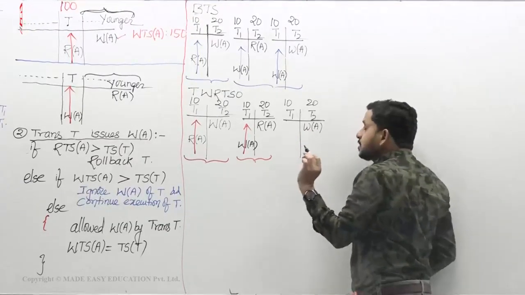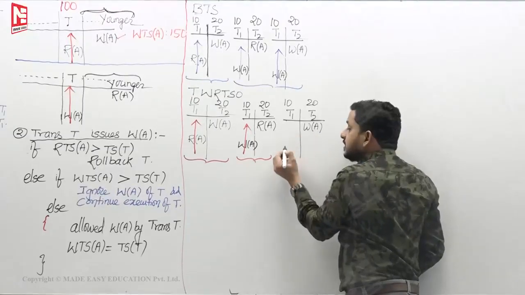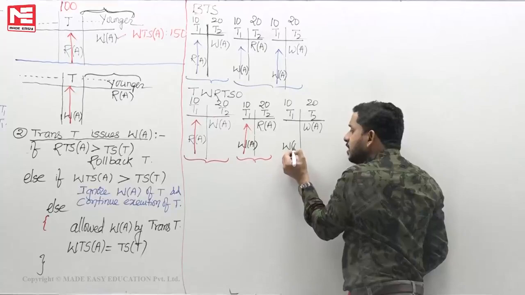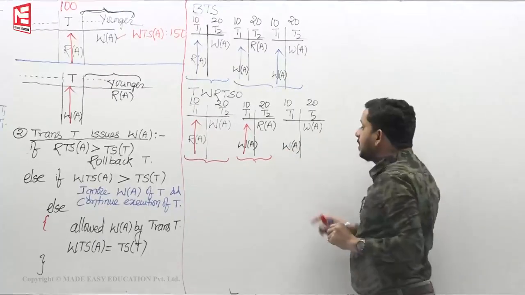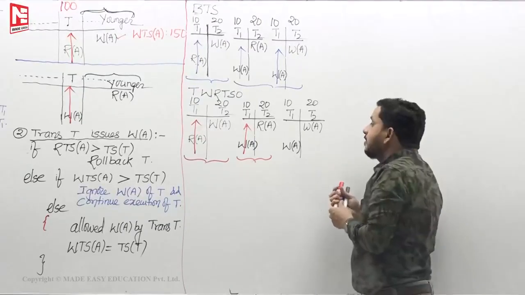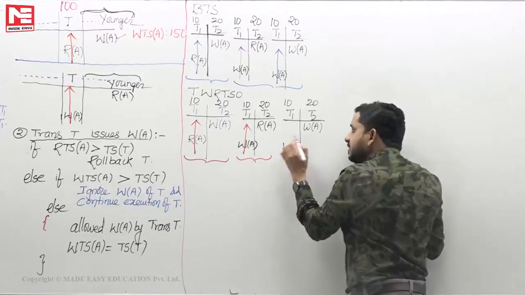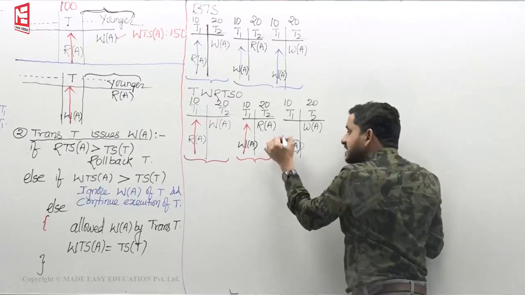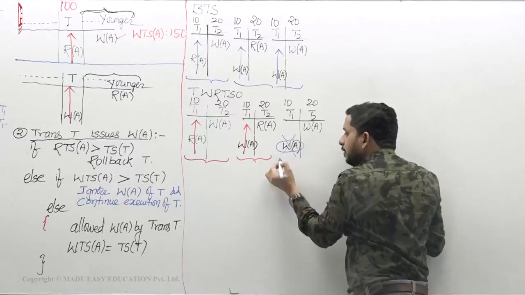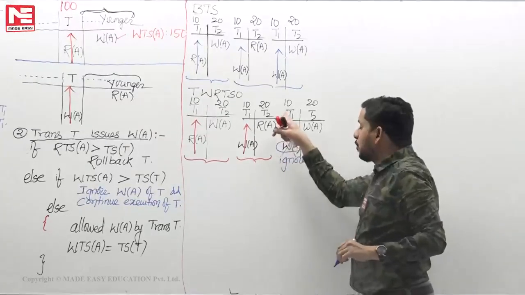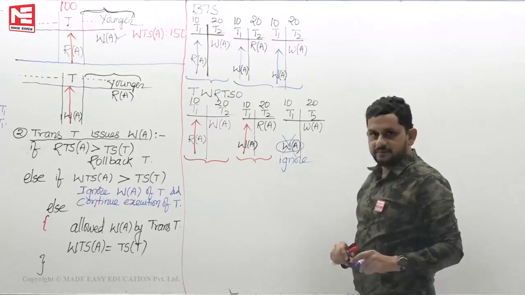If the older transaction then requests for write, this causes rollback in basic timestamp ordering, whereas Thomas write rule says there is no need to roll back transaction T1, just ignore the write. Ignore the write of A of T1 and continue the execution.